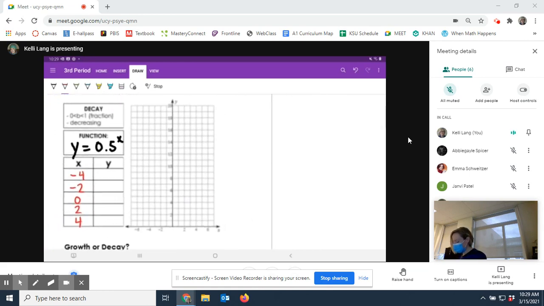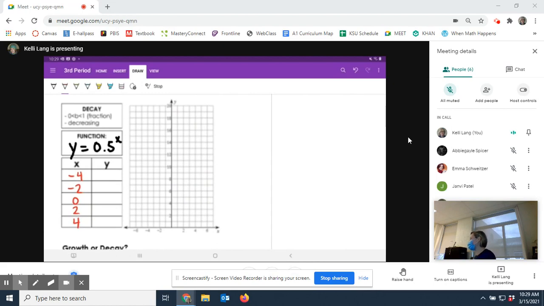And for this one, look at our base. Our base is 0.5. We don't want to try to do these calculations in our head. So this is a good exercise for a calculator and for practicing using that exponent button that we were just talking about. So I'm even going to write down calculator. We're going to type in y equals 0.5 to the -4.